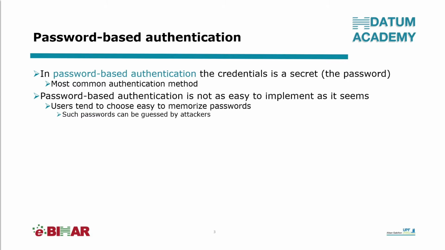There are basically two reasons that make this method difficult to implement. First, users tend to choose easy to memorize passwords, and such passwords can be guessed by attackers. Second, passwords can be compromised at the system level, and if the authentication server stores user passwords, compromising the authentication server will lead to the compromise of passwords.